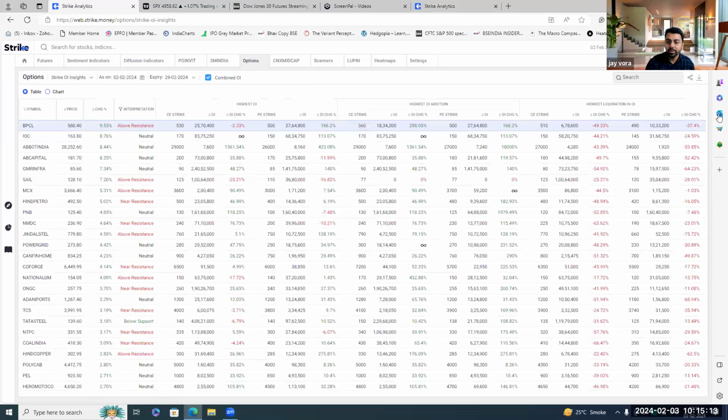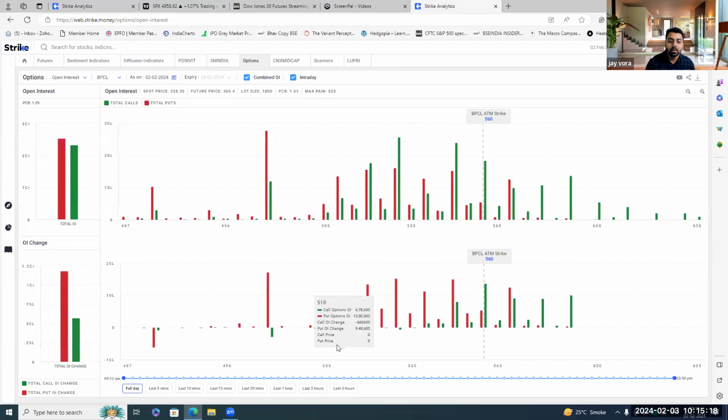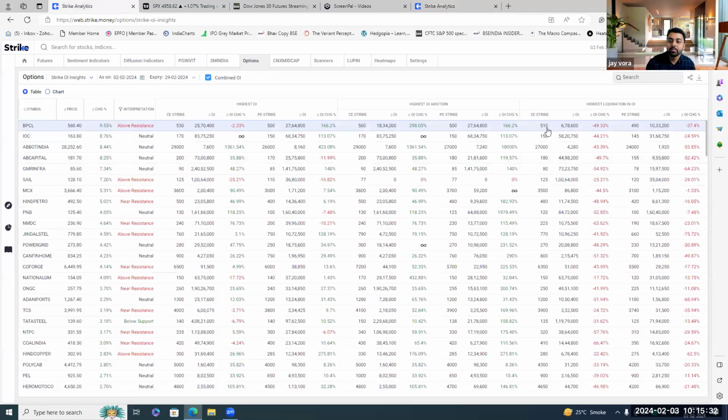Similarly, for liquidation, liquidation means we are seeing unwinding. So where is the maximum unwinding that you are seeing? In this case, for the green line, it is 510, and that's where you can see that 510 has the highest OI liquidation.